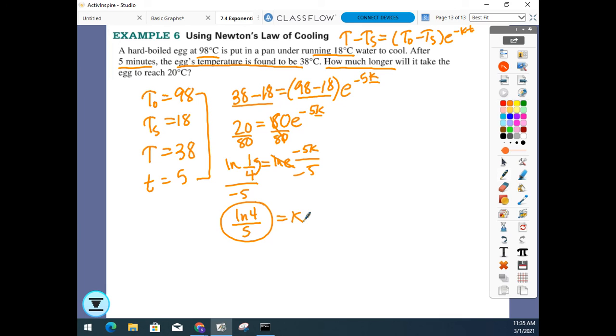Now it wants to know how much longer. So if it's down to 38 degrees Celsius after 5 minutes, how much more will it take to reach 20? All right, so now 20 is the new final T. So I'm going to make my final temperature to be 20. My surrounding temperature is still the same, of 18.